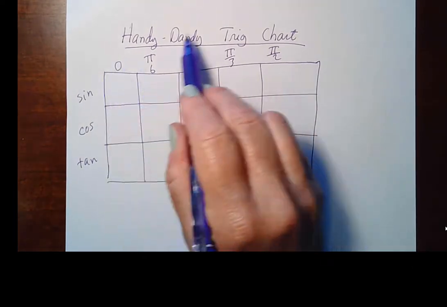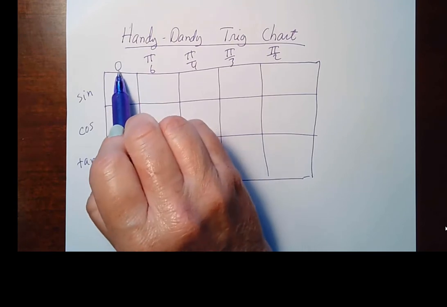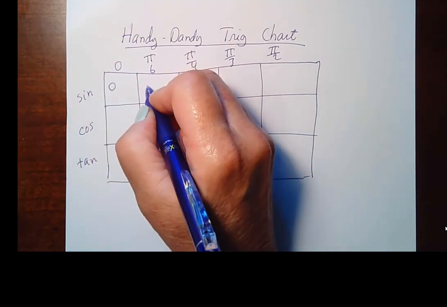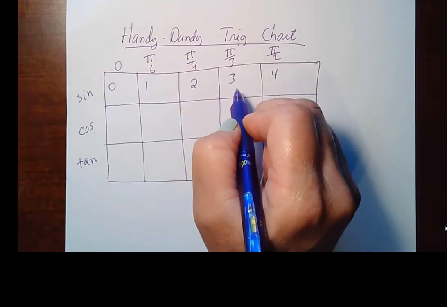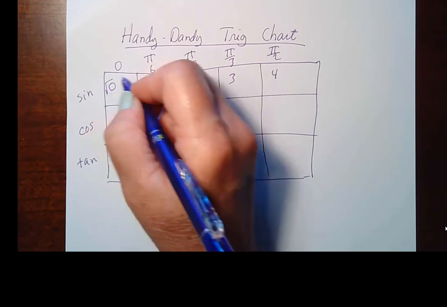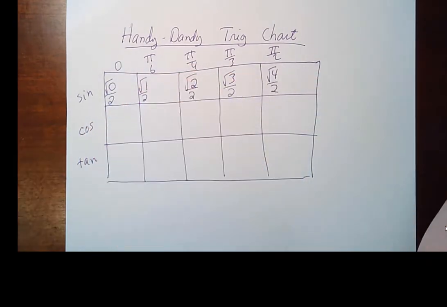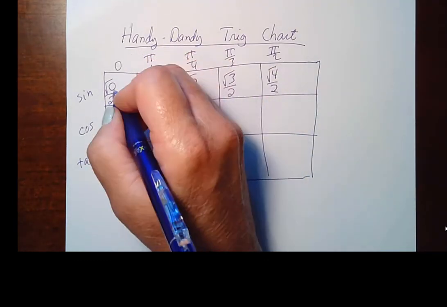Now, if you can remember how to make this, it's very simple. Here's what you do. You see this 0, you write it down, and then write down 1, 2, 3, 4. Put all of these under a square root. Now put them all over 2. Now simplify. If you can remember this, then you've got all your values.